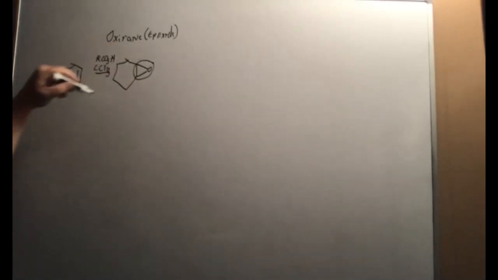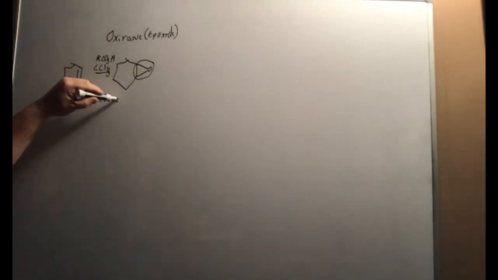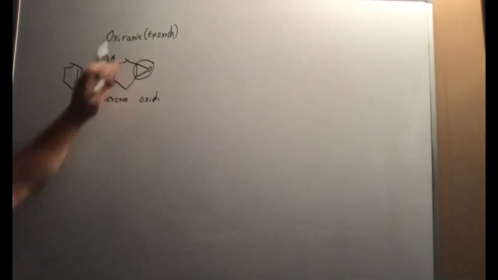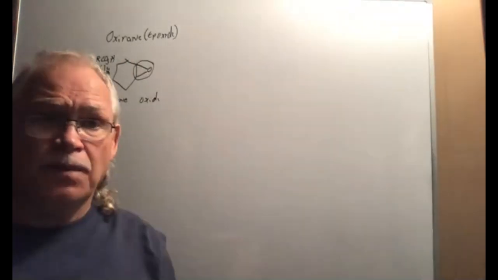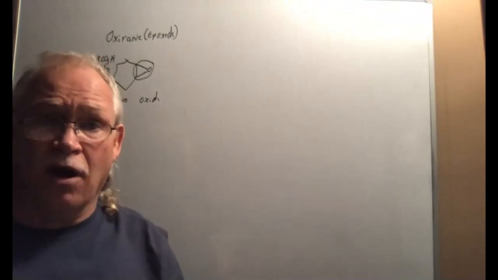So this would be cyclohexene from which it was made and then oxide. So to use this method, we must be able to know what alkene it came from. So you have to understand the Chapter 8 reaction.